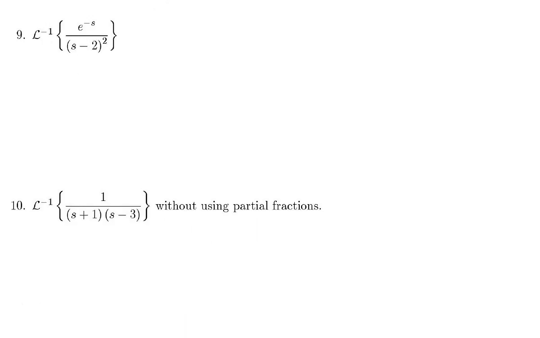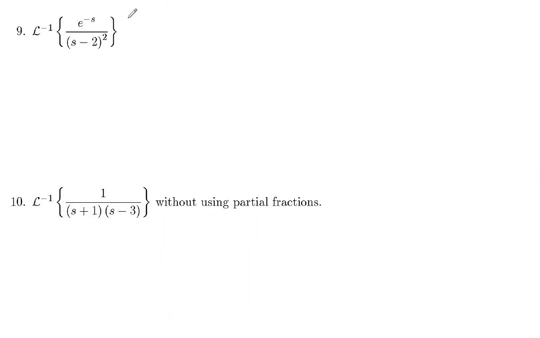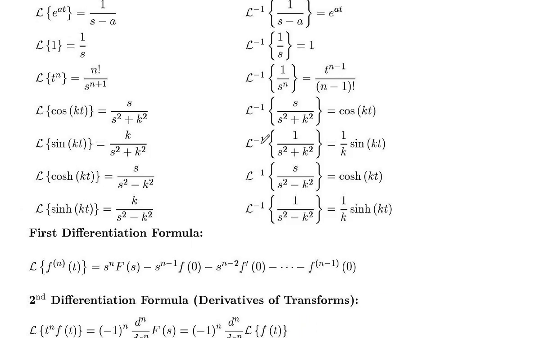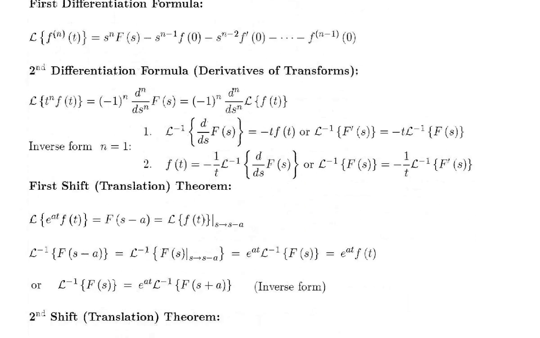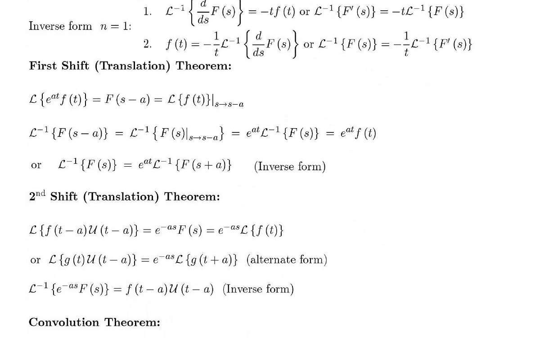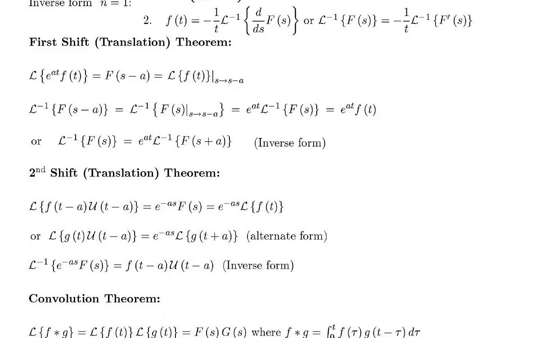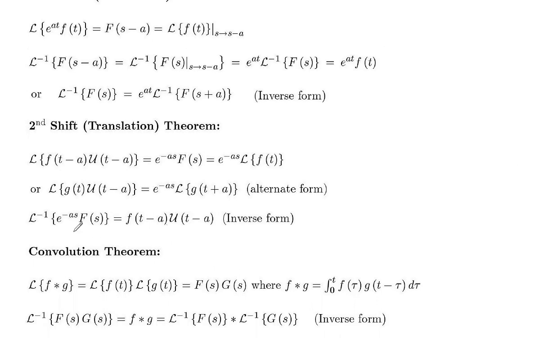And then up next here we have a Laplace inverse transform, and we've got an exponential with a negative exponent on the inside. So let's go to our transform sheet here, and we are looking for the inverse transform with a negative exponential. And that would be this one right here.